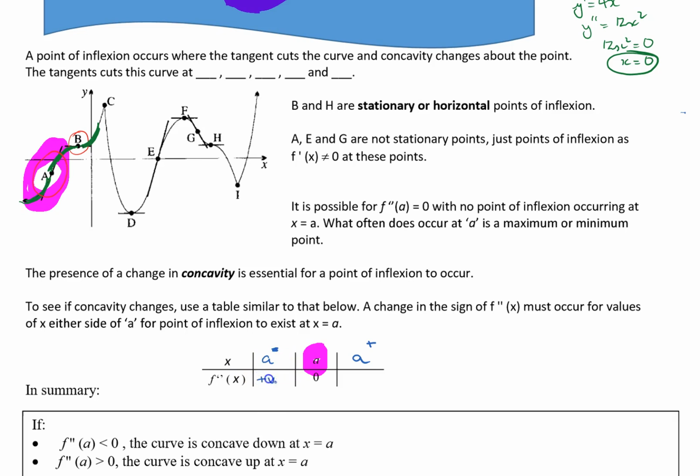And so if we've got that it was a positive, then it was 0, and then it was a negative, so it was going concave up, 0, concave down, then we've got a point of inflection happening from concave up to concave down.